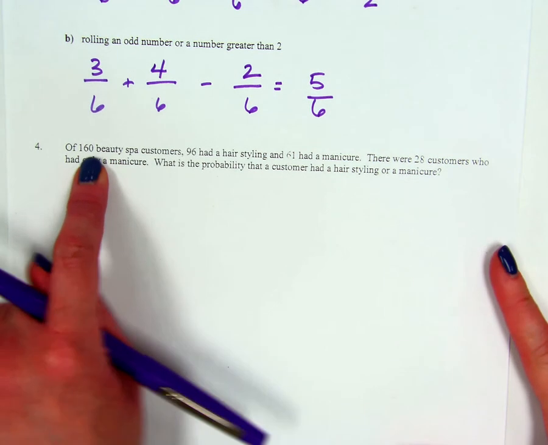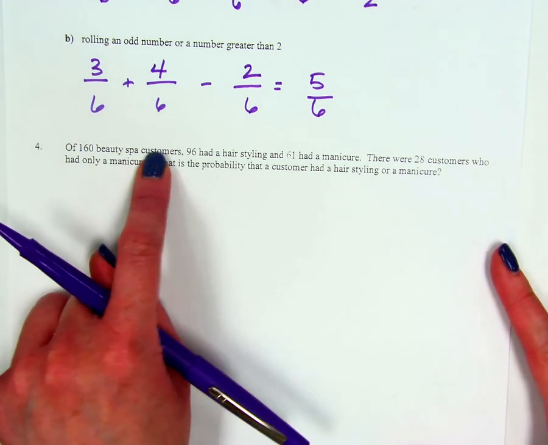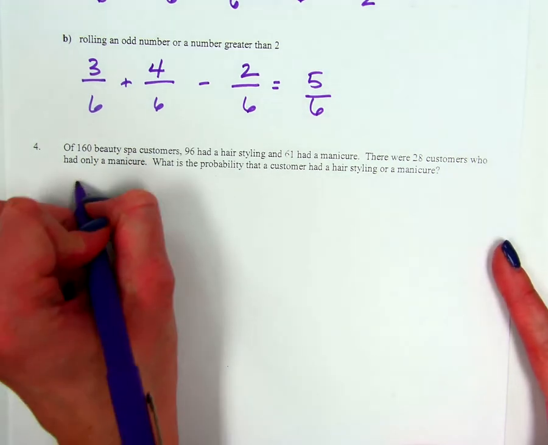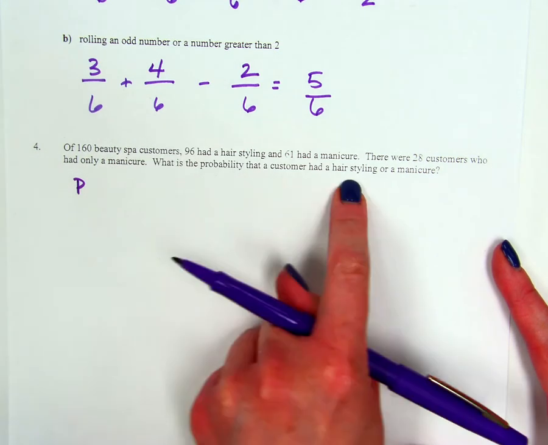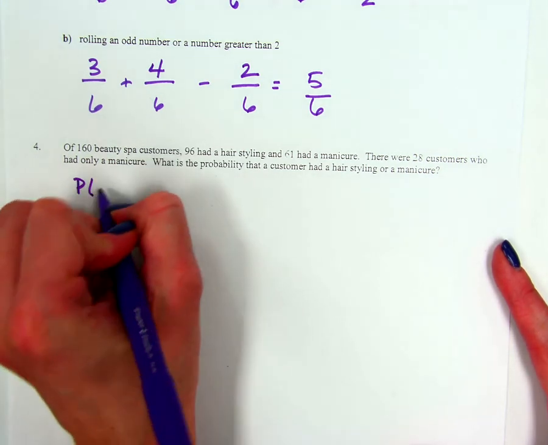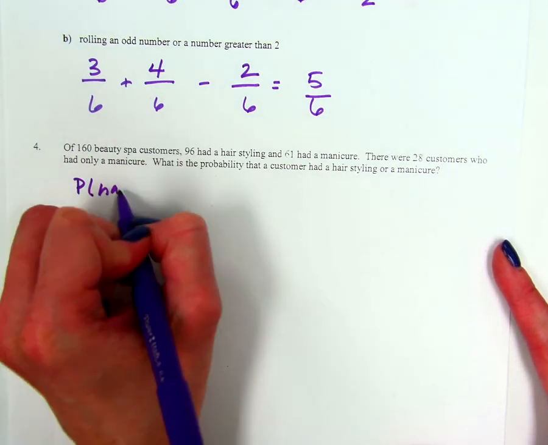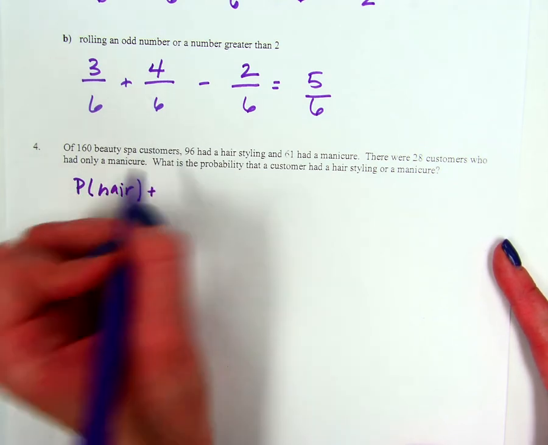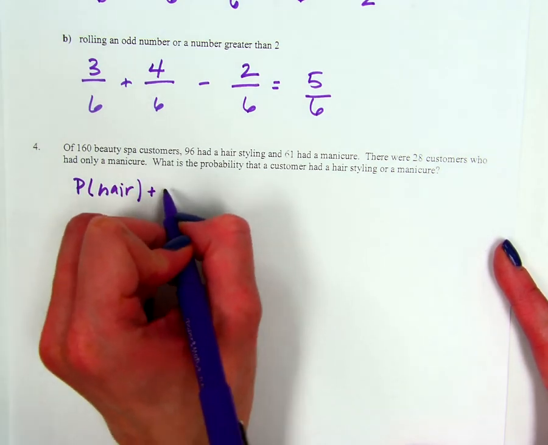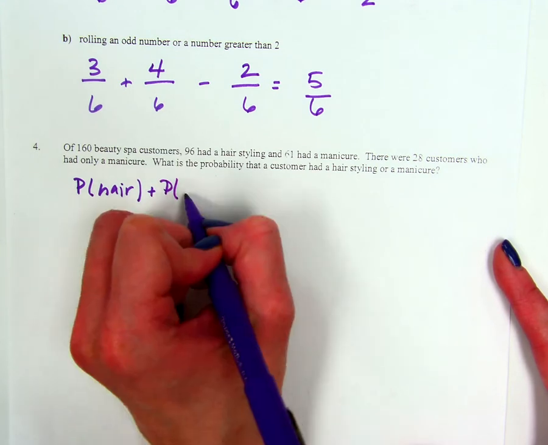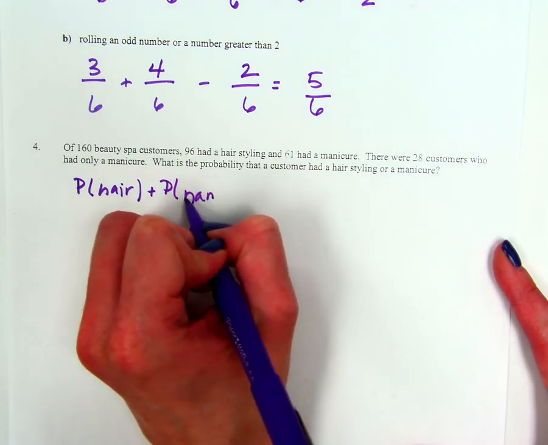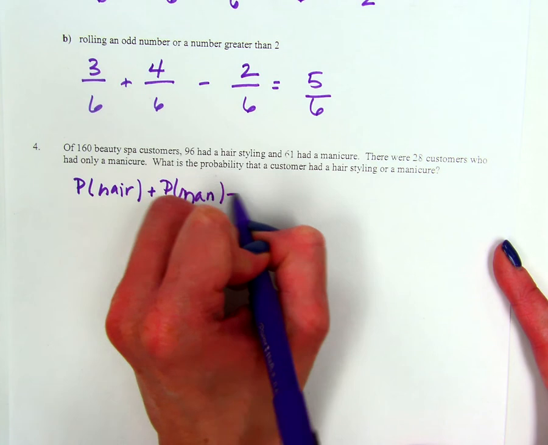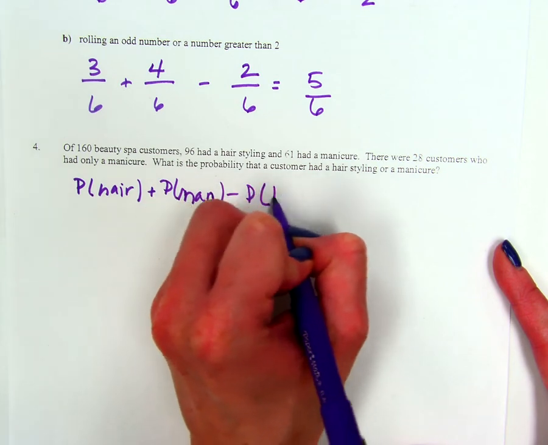We have 160 beauty spa customers. So I'm going to write it out so you guys can see from the words here. The probability of a hairstyling plus the probability of a manicure minus the probability of both.